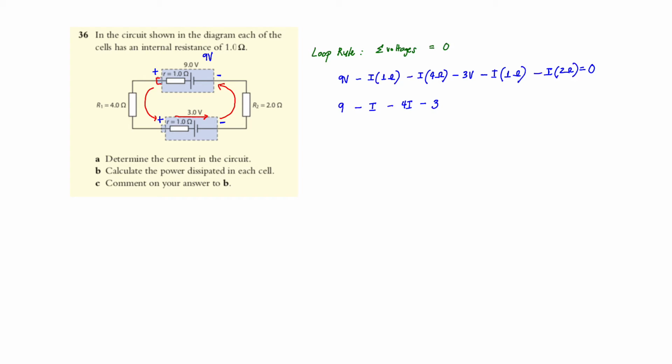I'll remove the units so that our equation will be clean when we solve our algebraic solutions. Minus 1 times I, that would be I, and then minus 2I equals 0. And then we're going to solve for I.